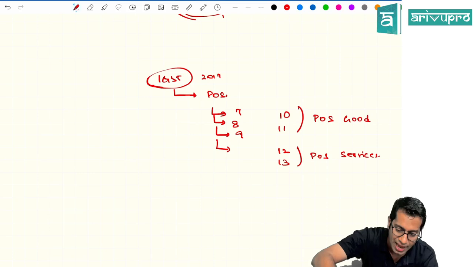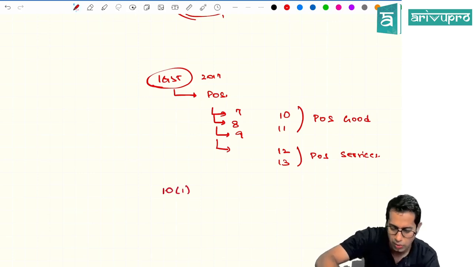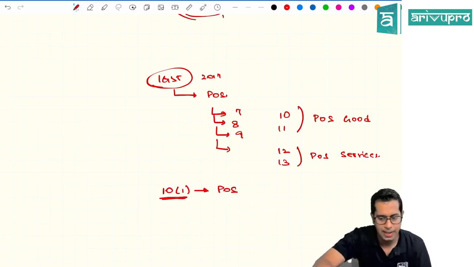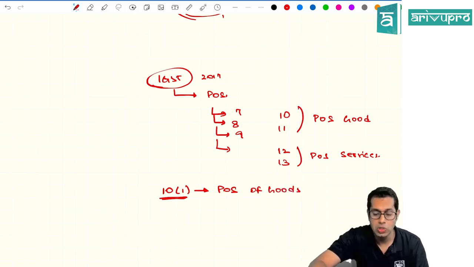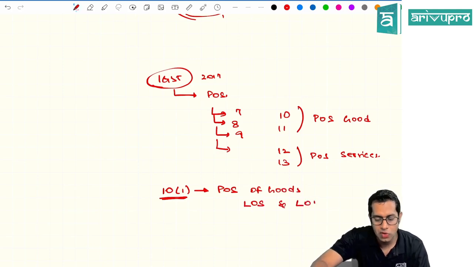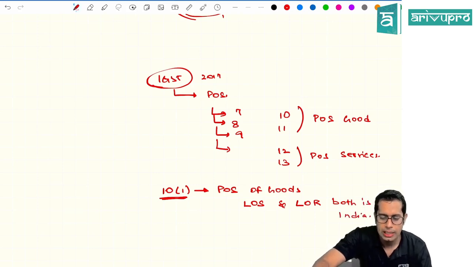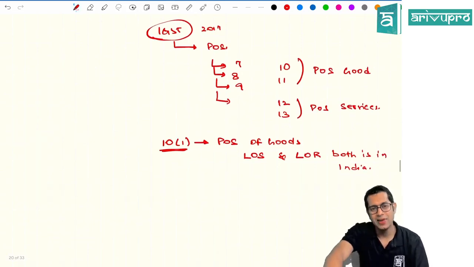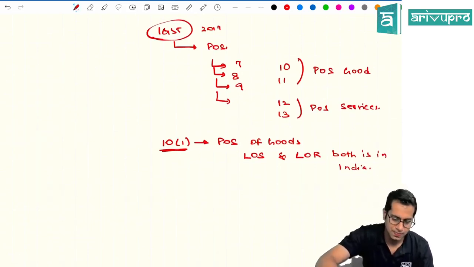Now here we have section 10 subsection 1, which talks about what, sir? Determination of place of supply of goods where the location of the supplier and the location of recipient both are in India. Now what they have done is they have added a new entry in this section.